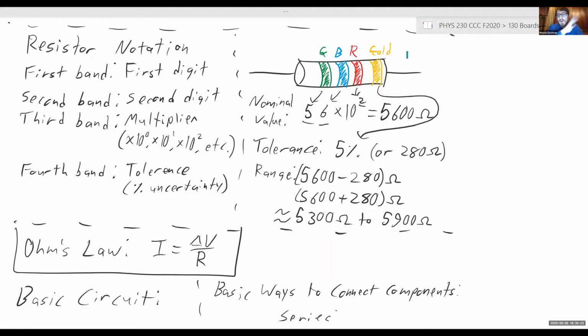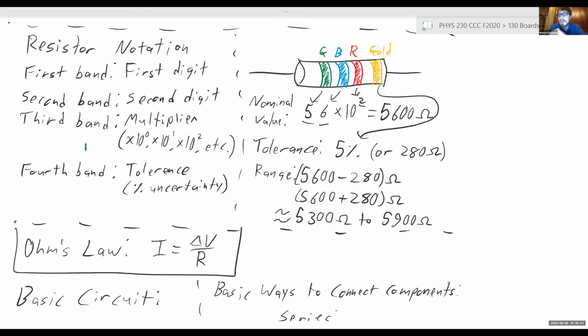So there are generally 4 bands. One of them is offset from the rest. That's the 4th band. It only has a limited possible set of colors. So the first band on a resistor tells you the first digit of its resistance. That depends on the color of the band. Green is 5, blue is 6, red is 2, and so on.